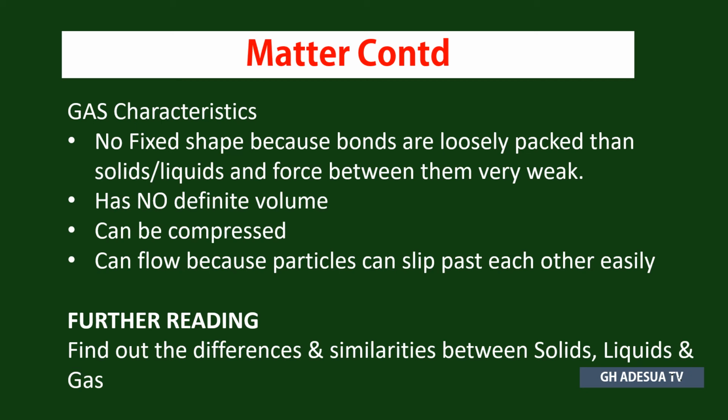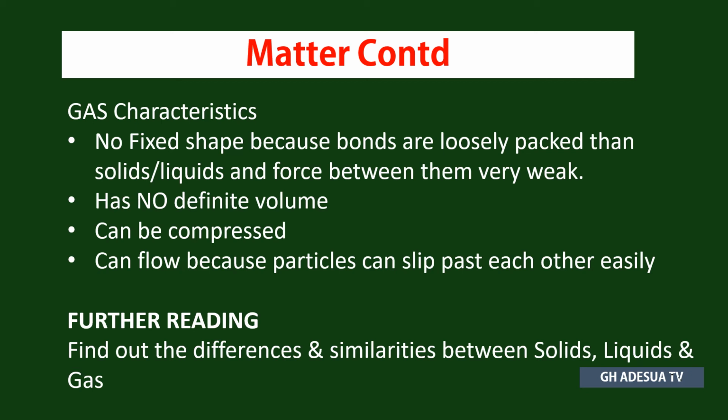So that makes it a substance that can flow. So in summary, gases' properties or characteristics are no fixed shape, no definite volume. It can be compressed and it can flow.